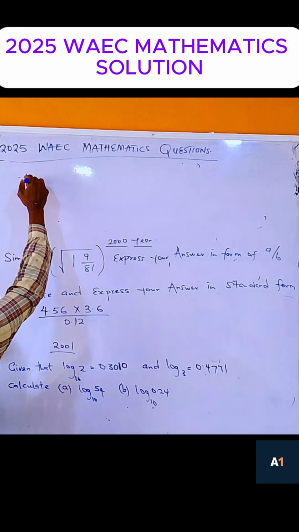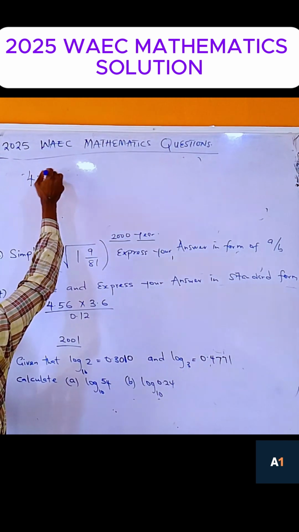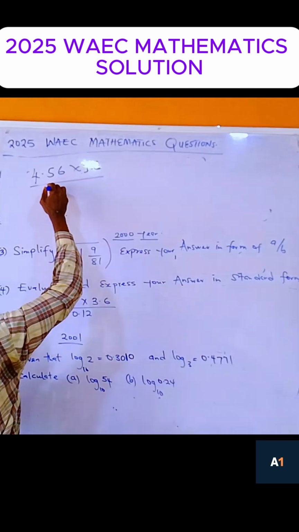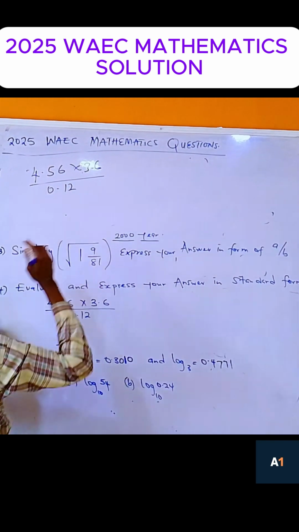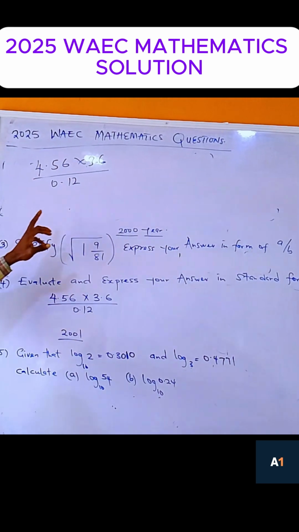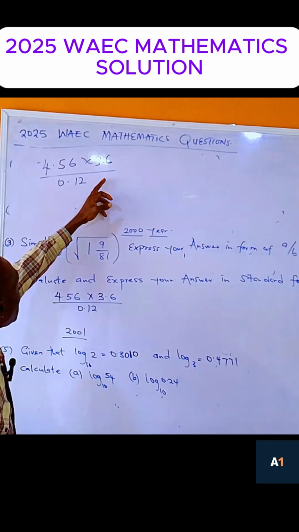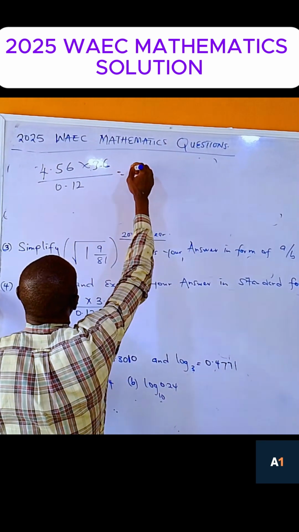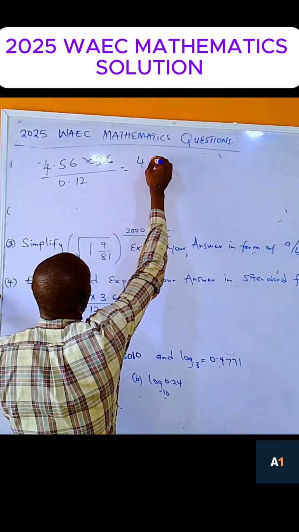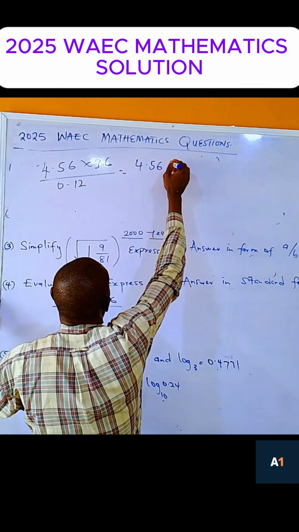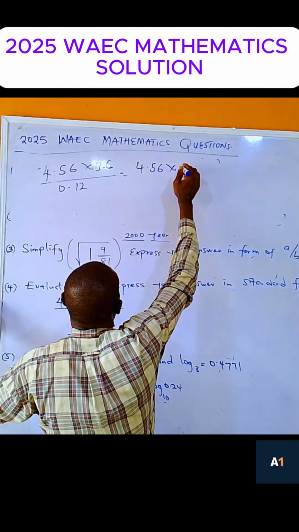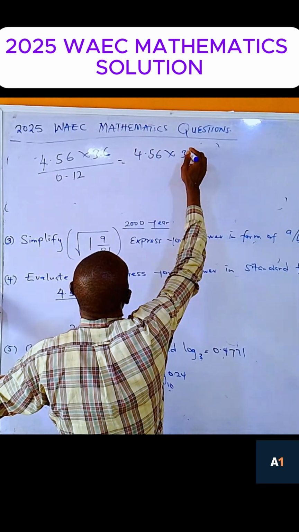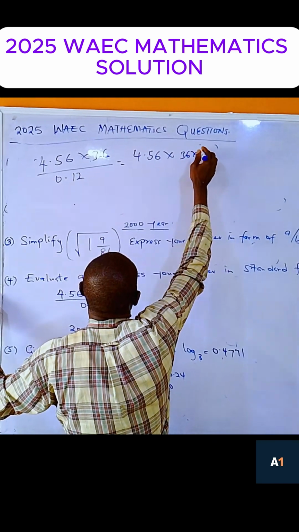So this one is 4.56 times 3.6 all over 0.2. Now, if you look at this one, if you multiply this one by 100, we have 4.56 times, then times 3, we have 30, which is 36 times 10 raised to power 1.